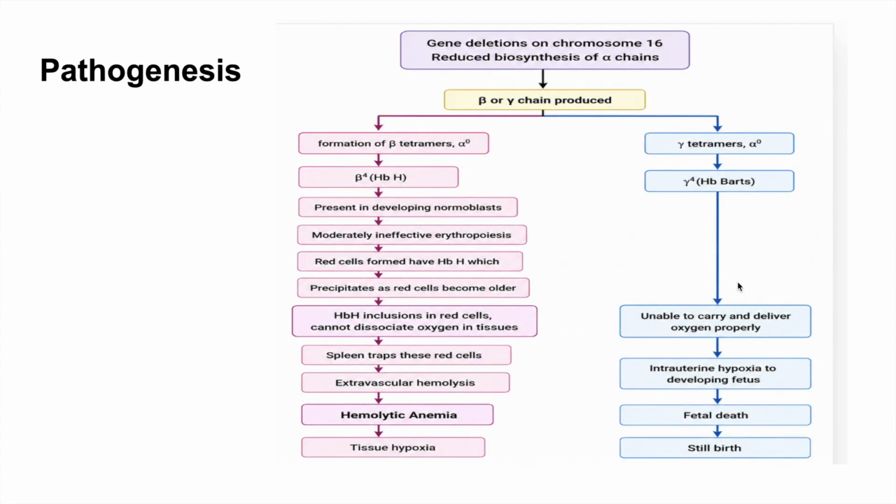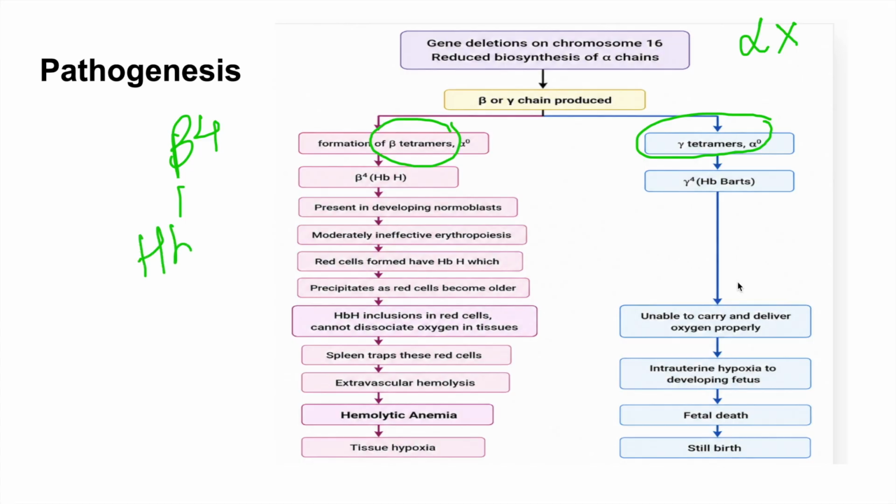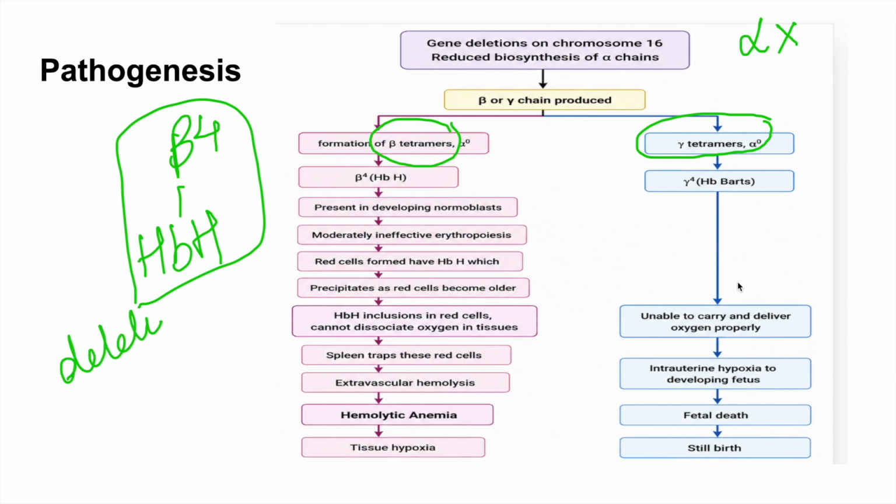Now what happens in alpha thalassemia? There is no production of alpha chain, so either a tetramer of beta or a tetramer of gamma is formed. When the tetramer of beta is formed, it is known as HbH disease. In HbH disease, you have deletion of 3 alpha chains.